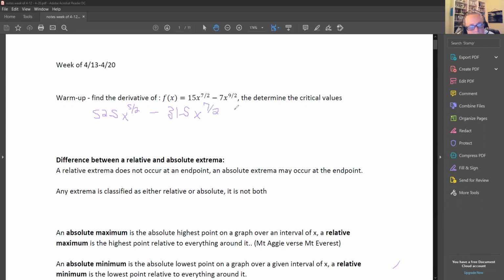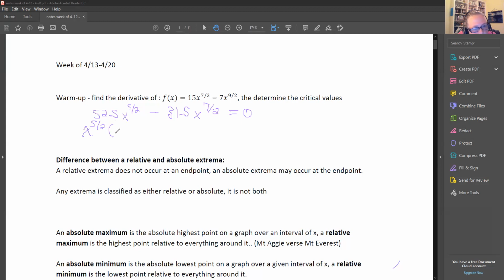All right, so to find the critical values, you set it equal to 0. It's not going to be undefined anywhere. We just got to figure out where it equals 0. To do that, you want to factor out, remember a while ago we talked about this, the most negative fractional power, so that would be x to the 5 halves. So I'm going to factor out x to the 5 halves.